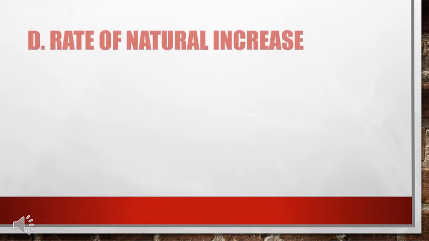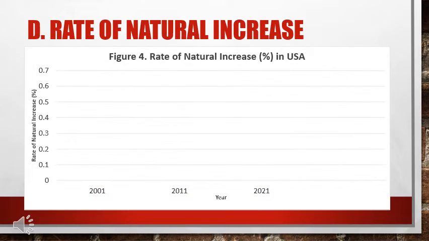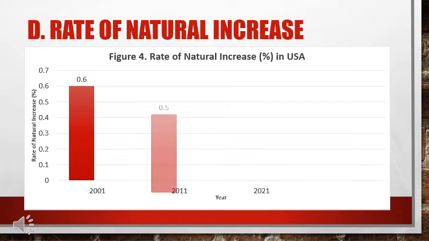Figure 4 shows the rate of natural increase in USA. The rate of natural increase in years 2001, 2011, and 2021 are 0.6, 0.5, and 0.1. The figure illustrates that the rate of natural increase from 2001 to 2021 in the USA is decreasing.